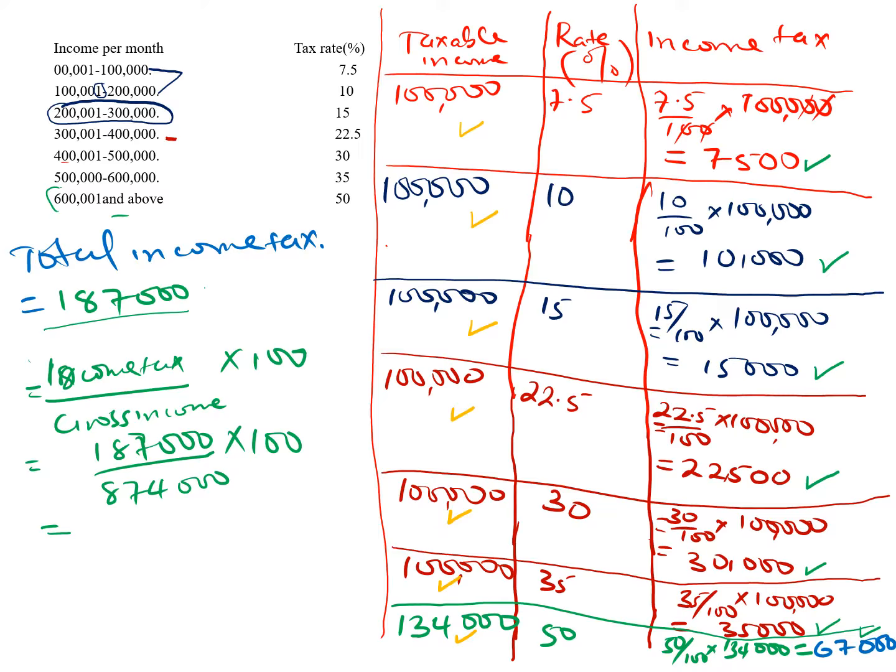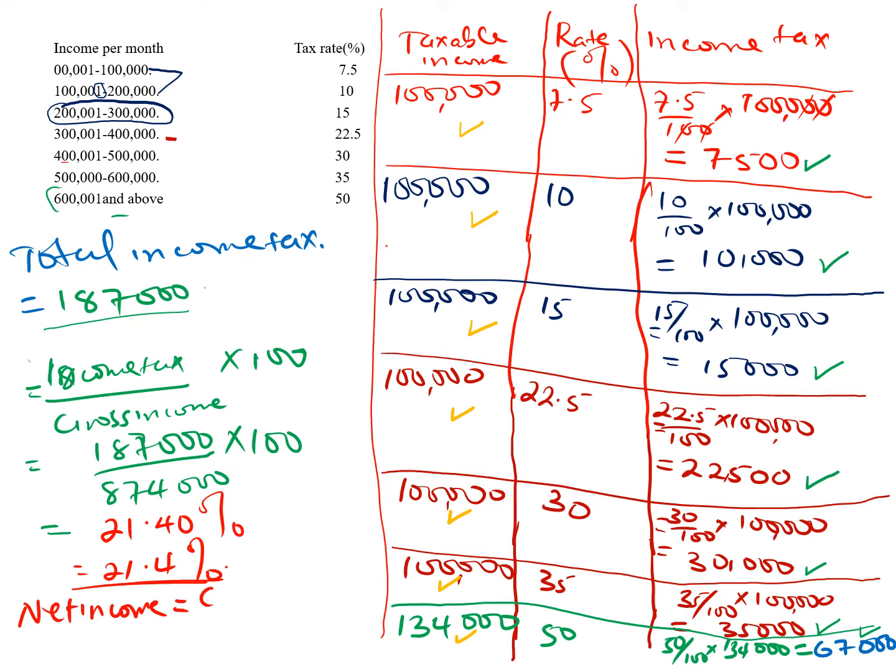And then here we are getting our answer as 21.40%, which is 21.4%. And then here they are asking us net income.